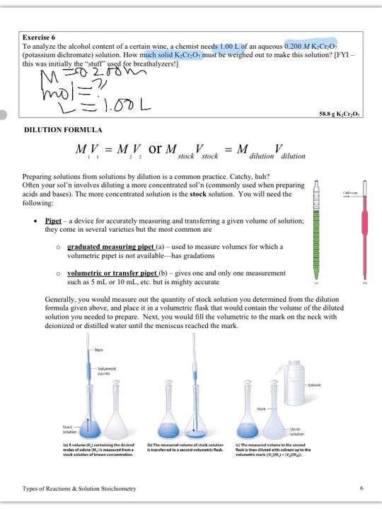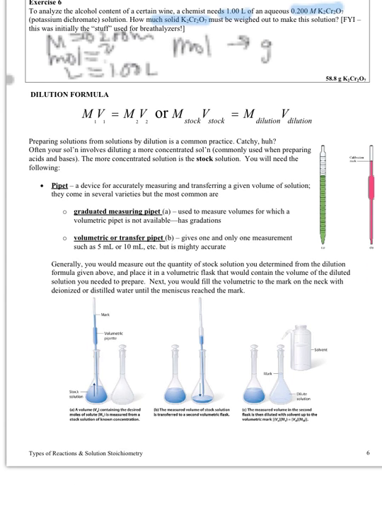I'm going to solve for a number of moles, and then I'm going to take my number of moles, the answer, and I'm going to convert it to grams using molar mass. And you should get 58.8 grams of potassium dichromate. You can double check your math and see how well you did.